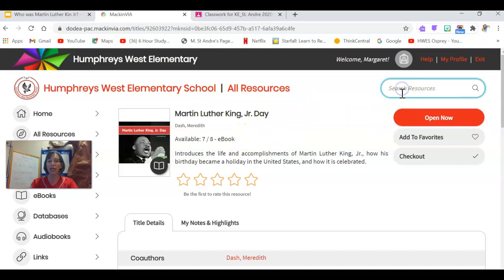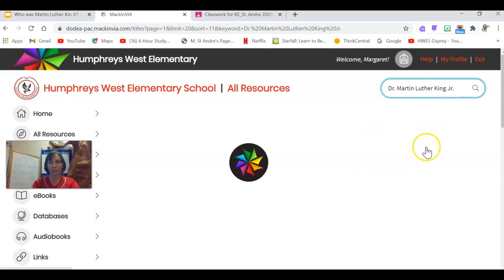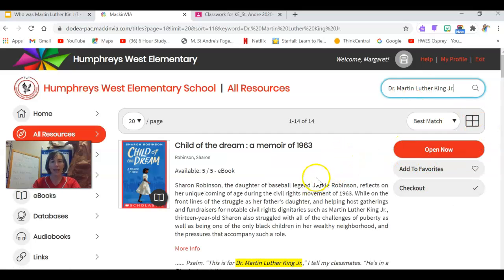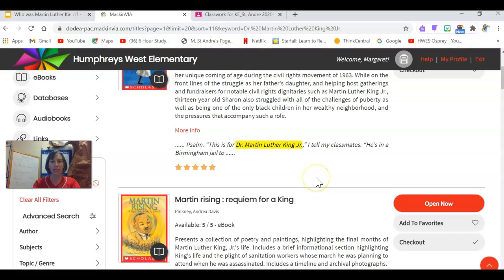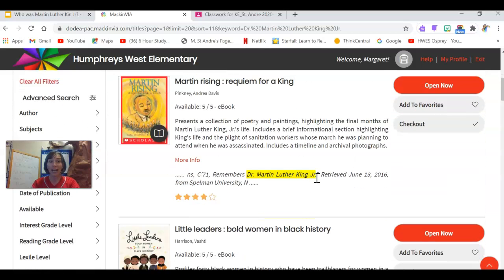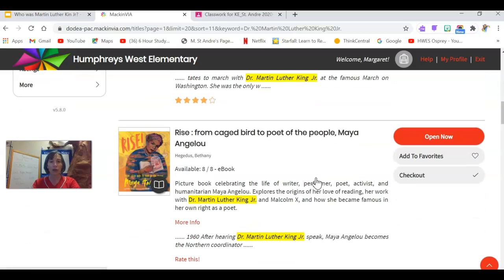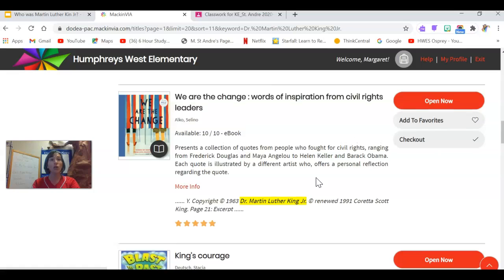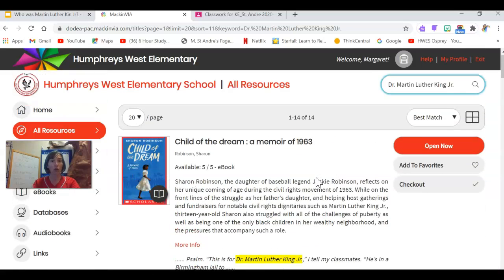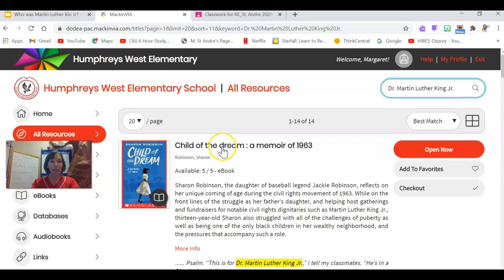Now I'm going to search Dr. Martin Luther King Jr. in the search bar. And all kinds of books are going to come up. I can choose the book that's right for me, and I can see if these books are going to teach me about Dr. King. So I want you to do that research on your own. You can read one book or two books.